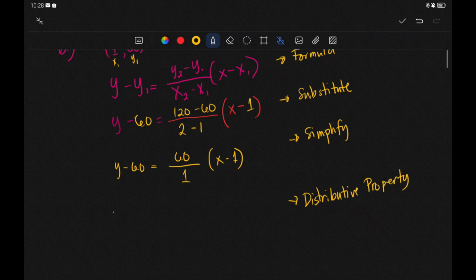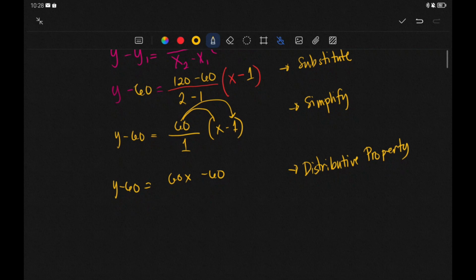So you copy y minus 60 equals, you distribute 60 times x, that's 60x. 60 times negative 1 is minus 60. You can write over 1 or you can leave it out. If you divide 60 by 1, that's still 60.